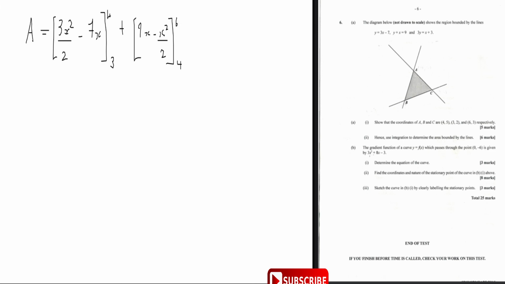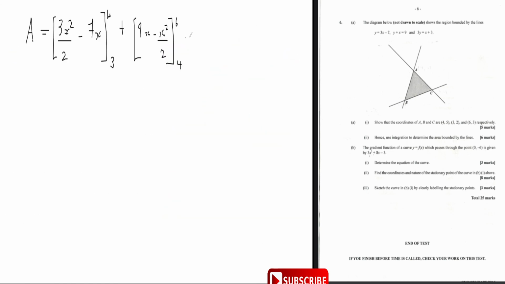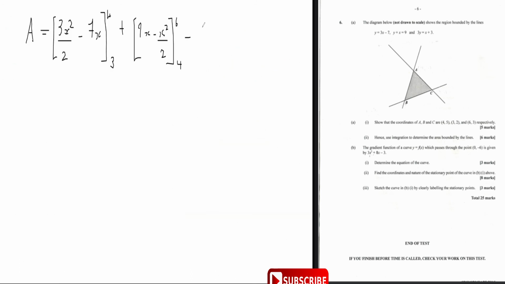And then what we're getting is minus the integral from 3 to 6 of 1 over 3x plus 1. So integrating 1 over 3x plus 1, we're going to get 1 over 3x squared, and divide that by 2, it becomes 1 over 6.